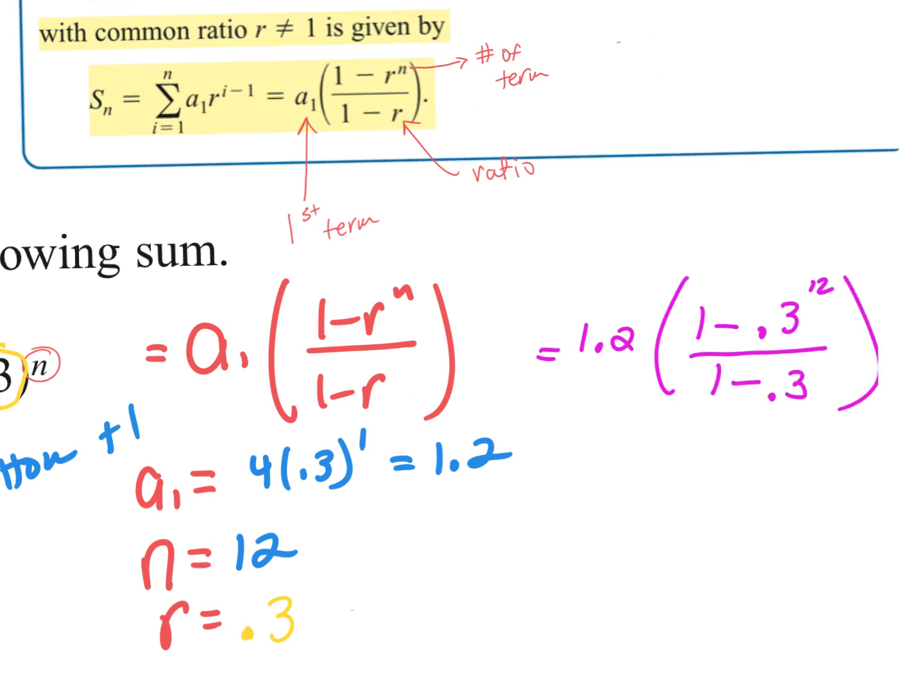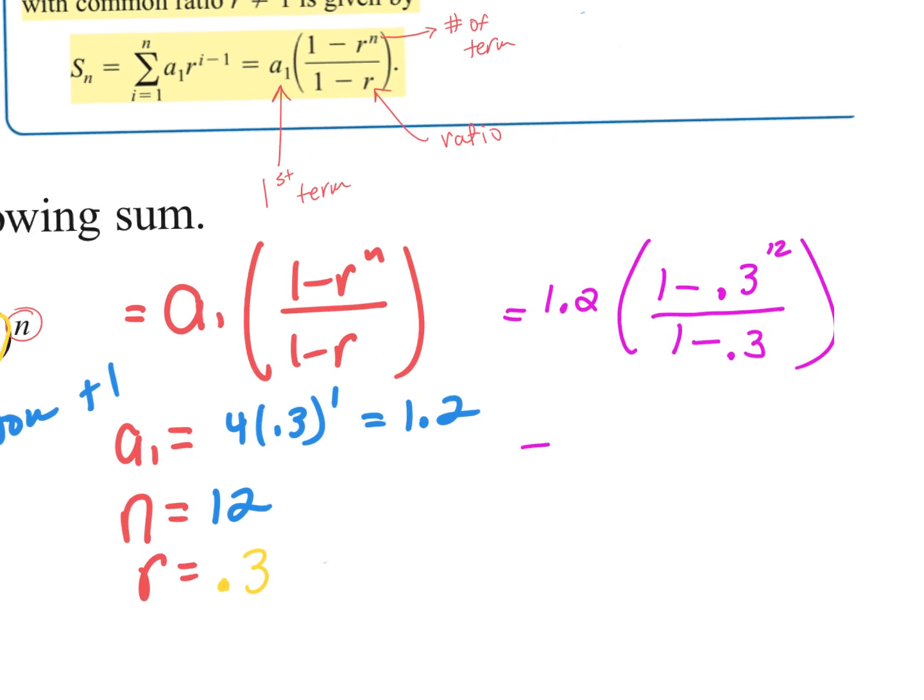Now, the pre-calc stuff is done. Now this is you guys using a calculator. This is where we've got to practice a little bit. What should you start with? Parentheses. And inside the parentheses, what should you start with? The exponent. If I were you, I would do 1 minus 0.3 to the 12th power, and then hit enter.